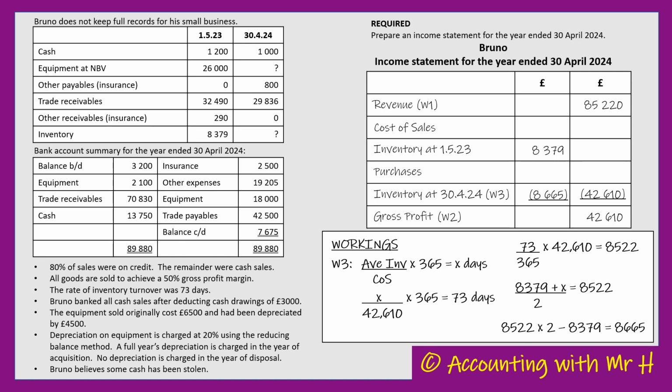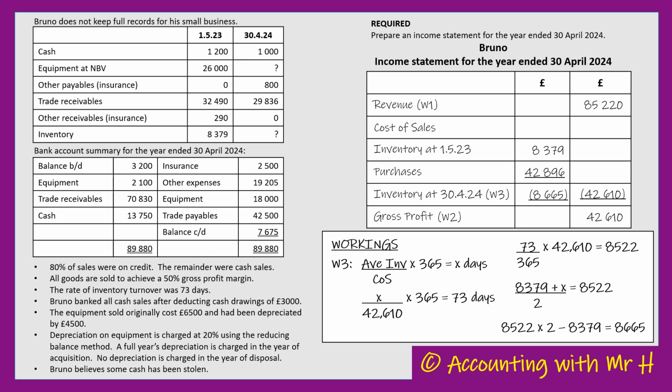So if I take the cost of sales, 42,610, add the closing inventory, because I'm working backwards, so add 8,665, and then take away the 8,379, the opening inventory, that reveals that his purchases must have been £42,896. And there is the first part of the income statement complete.